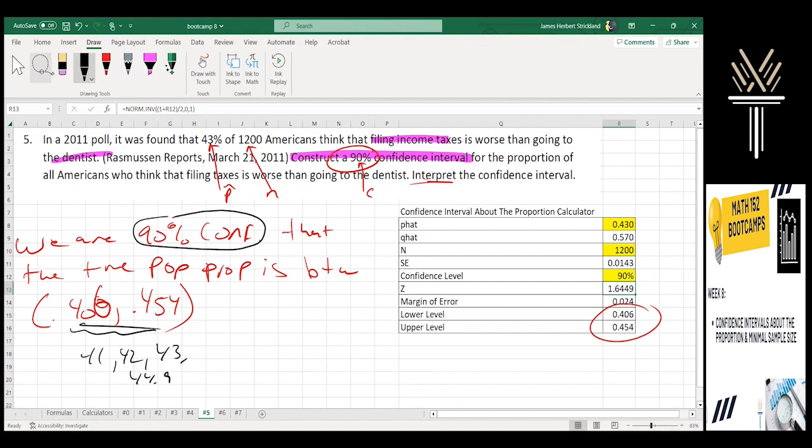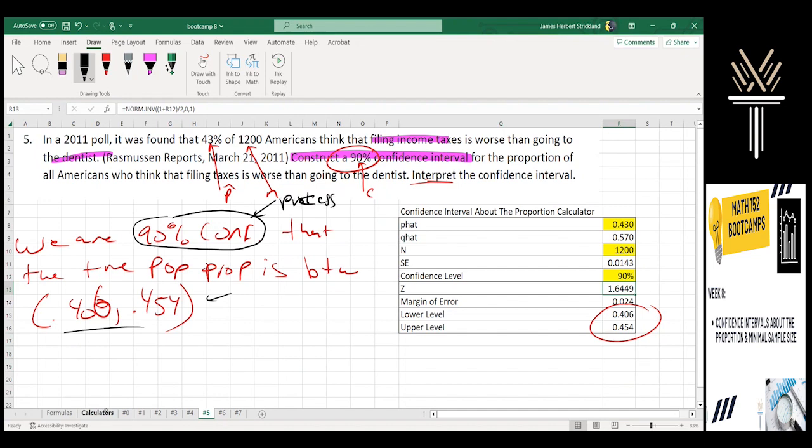What this confidence level is actually telling us is that if you do this process, then 90% of the time the process works. That's what the confidence actually means. It does not mean there's a 90% chance these numbers contain the true mean. This refers to the process.